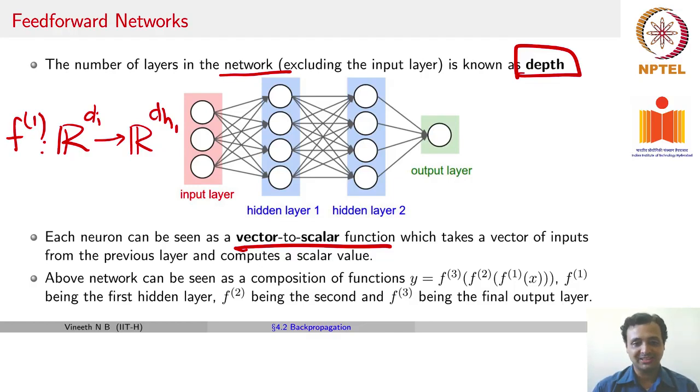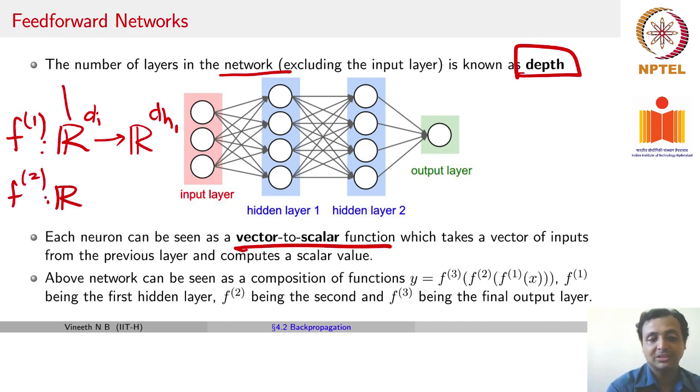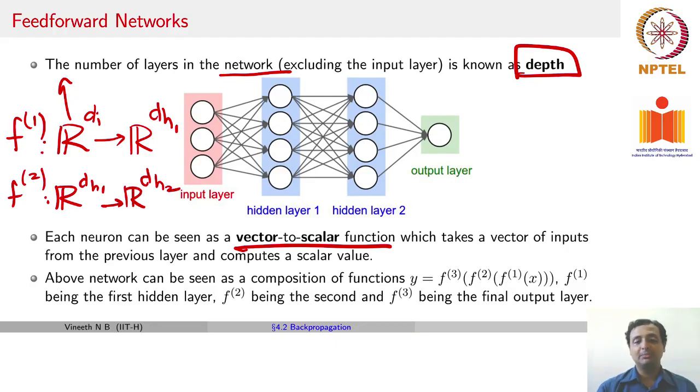Similarly, function f2 is a function that goes from R, where R denotes the set of real numbers, R of dimension of h1 to R of dimension of h2. Similarly, f3 goes from R of dimension h2 to R of the dimension of the output layer. So each layer is a function by itself, and the overall neural network can be envisioned as a composition of functions that achieves the purpose you're looking for.